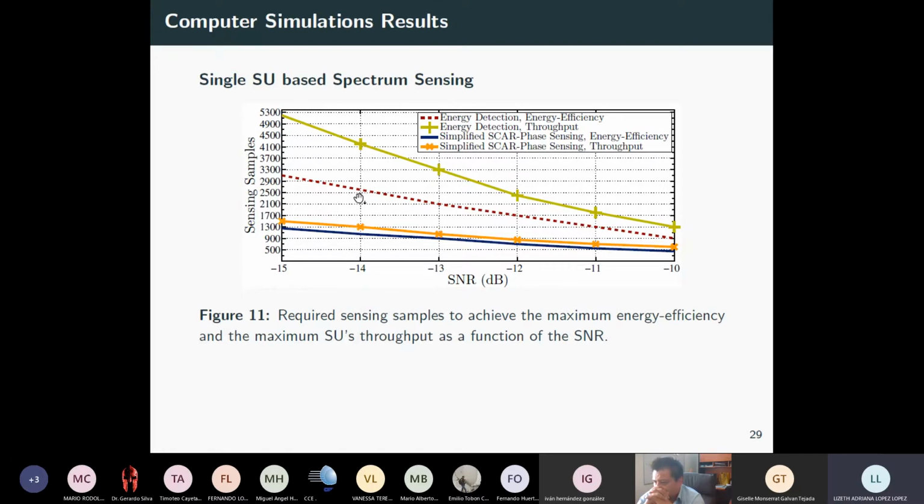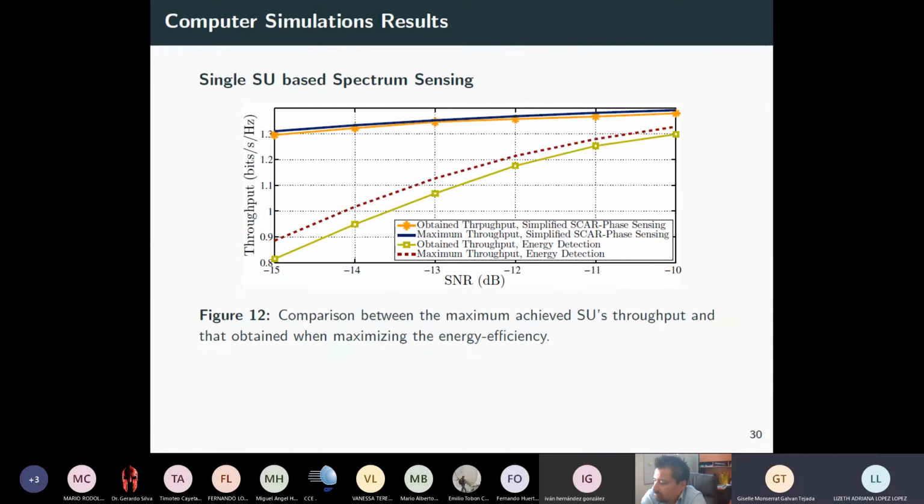This means that if I choose the number of samples that maximizes the energy efficiency, then my secondary user's throughput is decreased. In contrast, for the simplified scarf phase sensing, the required numbers of samples are close, so we can maximize the energy efficiency without compromising the secondary users' throughput.